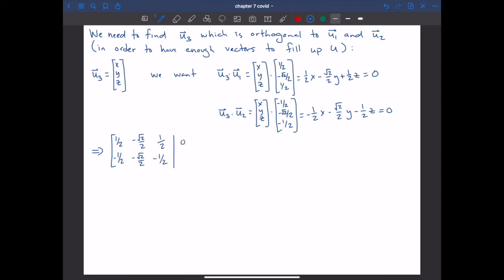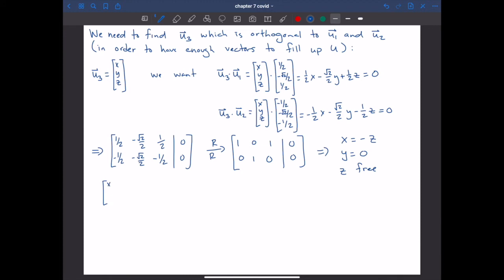So I take these 2 equations, translate them into an augmented matrix, and row reduce. I'm going to get 1, 0, 1, 0, and 0, 1, 0, 0. Therefore x is equal to minus z, and y is equal to 0, where z is our free variable.